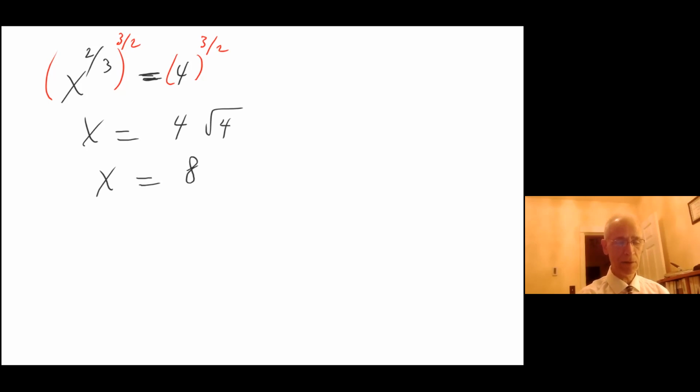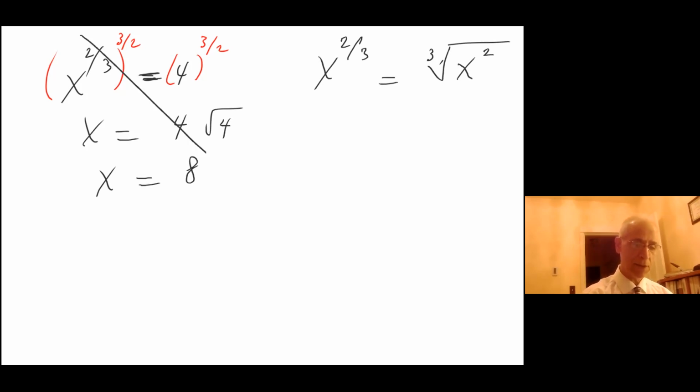Remember that x to the 2/3 is in fact the cube root of x squared. So you do have x squared in here, so you do need your plus and minus. So instead of doing this, to say that x to the 2/3 equals 4, go ahead and raise both sides to the power of 3.